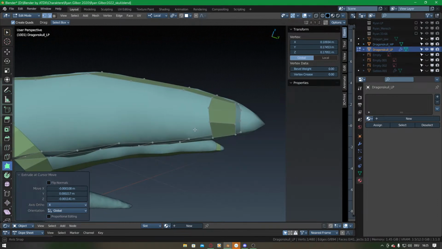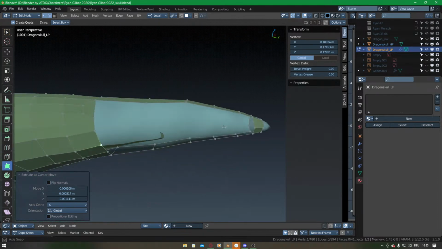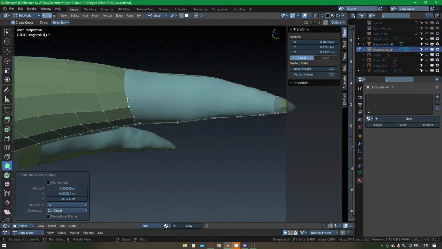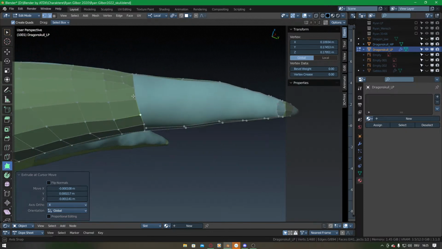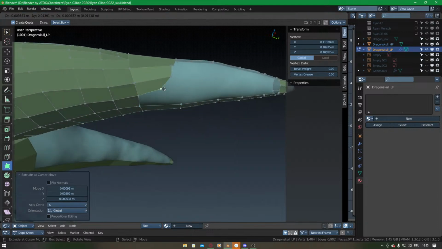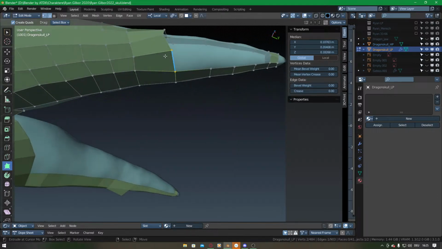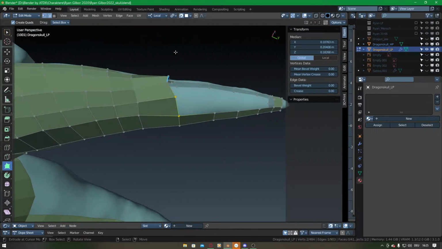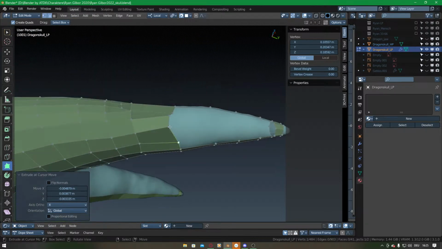Okay, let's see. 1, 2, 3. And it's 1, 2, 3, 4. 1, 2, 3, 4, 5. I've got to reduce this amount as well. Because I turned this off, it's not sticking.